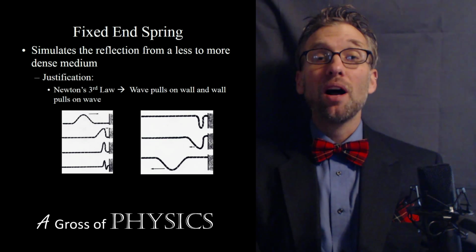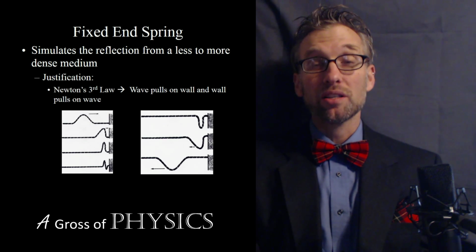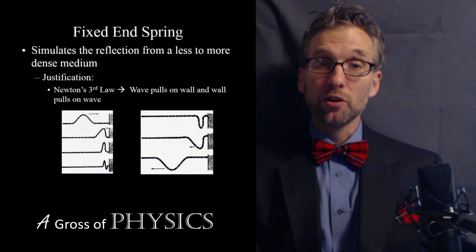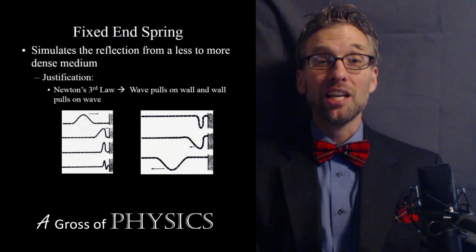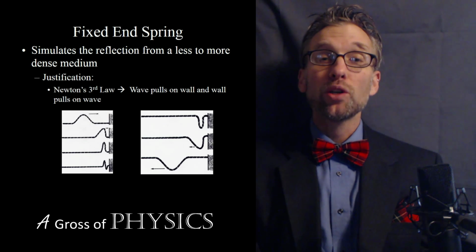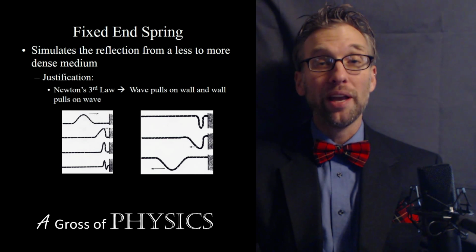When it pulls up on the fixed point, what's going to happen is Newton's third law is going to take over. Now, if you remember, Newton's third law is the law of every action has an equal and opposite reaction. So as the wave pulls up on the fixed point, it will pull down on the wave.